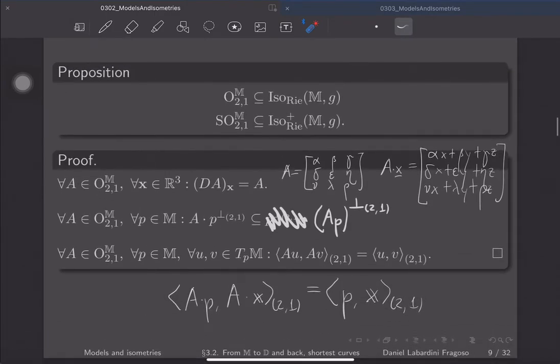Yeah, and a very important proposition is that the orthochronous Lorentz group and the restricted Lorentz group are subgroups of the group of Riemannian isometries of the hyperboloid. And actually, the elements of the restricted Lorentz group preserve the orientation of the upper sheet of the hyperboloid.